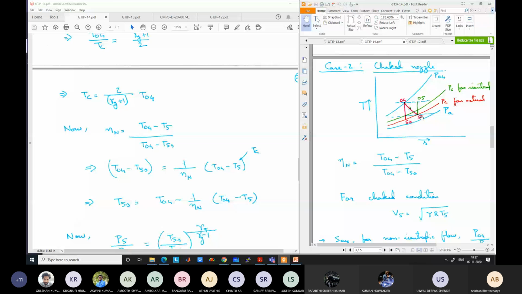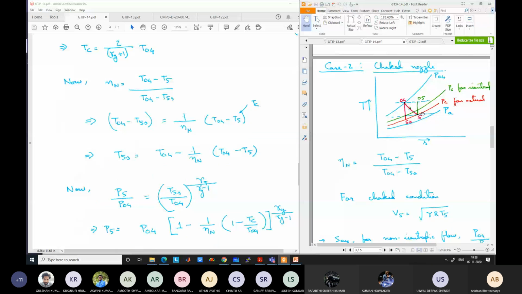If you want to write it in the form of an expression, we can write it like this. Eta n is equal to (T04 minus T5) by (T04 minus T5s), from where, taking this to the other side, T04 minus T5s is equal to 1 by eta n times (T04 minus T5). And T5s is equal to T04 minus (1 by eta n)(T04 minus T5).